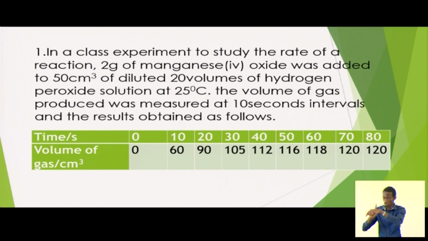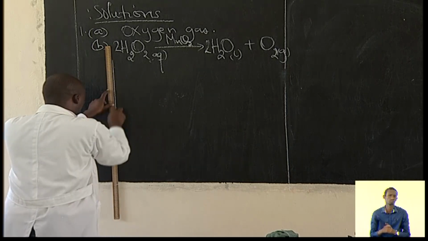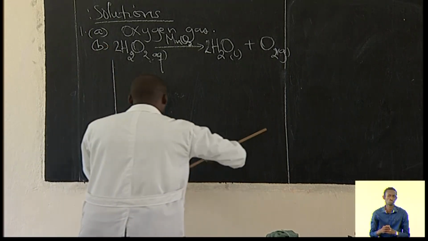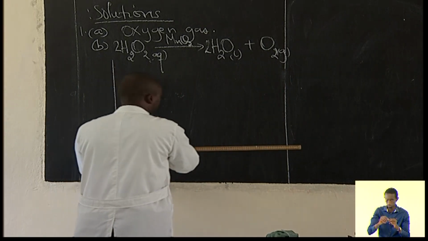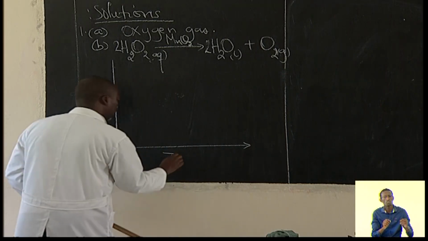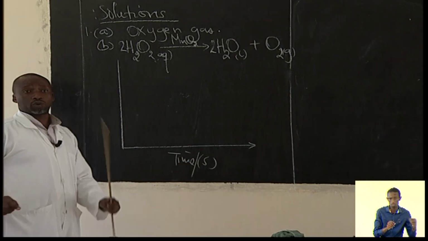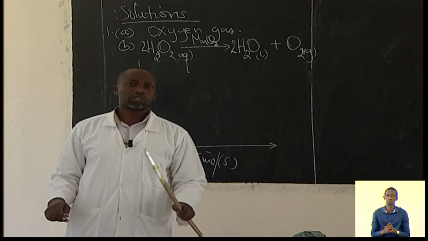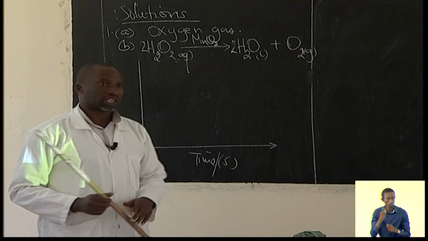So the volume of the gas is on the y-axis, and then you have the time taken, which is in seconds. Whenever you are plotting a graph, there are some important points that you need to remember. Label the scales.